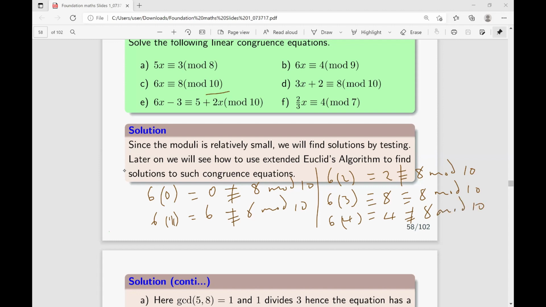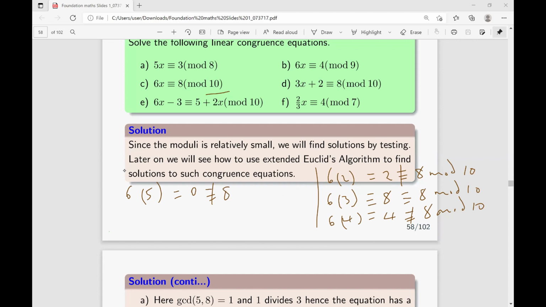Is that okay? So let me create some space here. Want to try 5. We already have found one solution, so we're looking for the next solution. Let's try 5. 5 times 6 is 30. Mod 10 is 0. Is that okay? That's true. 10 goes into 30, the remainder is 0.